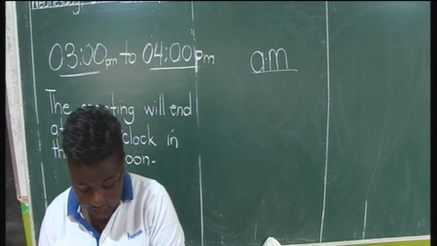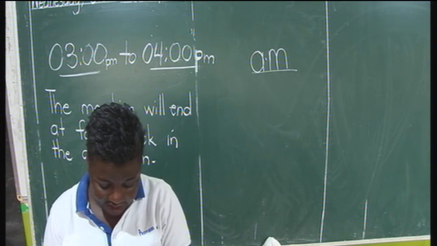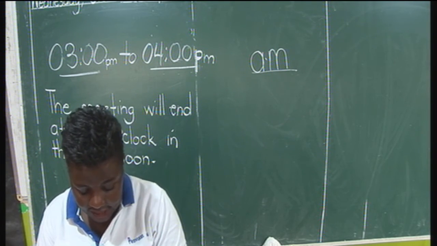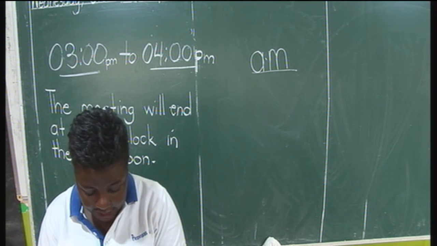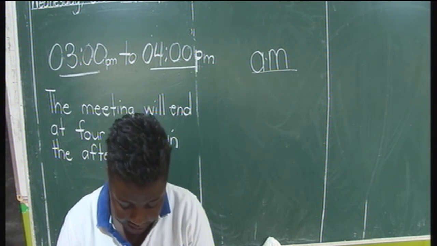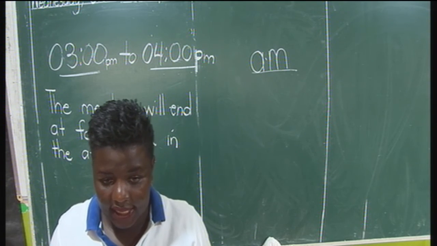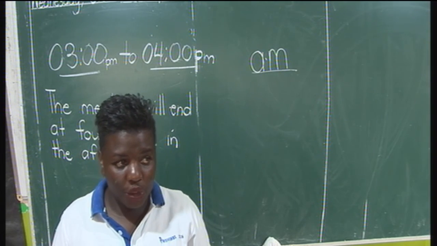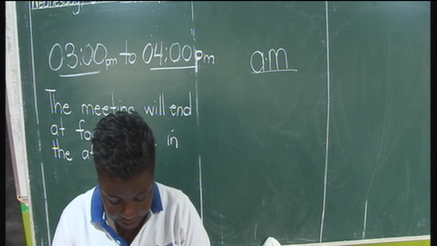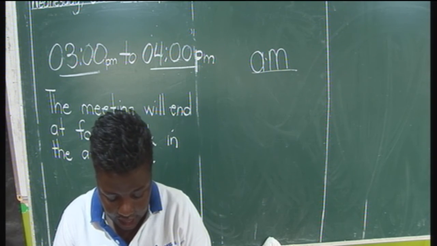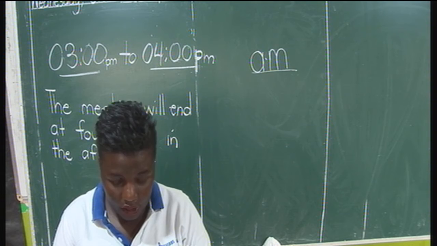So here, the first instruction says, choose a word from the brackets to complete the sentences correctly. We are going to choose a word from the brackets to complete the sentence correctly.